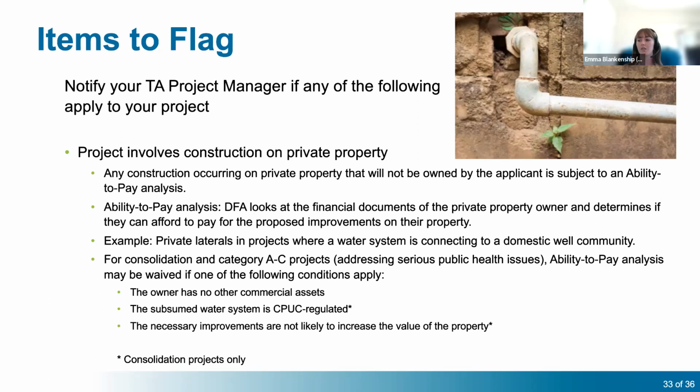So if the owner has no other commercial assets, or if it's a consolidation project, we can also waive that if the subsumed water system is CPUC regulated, or if the necessary improvements are not likely to increase the value of the property. And we are developing some procedures for how to determine if a project can waive this ability to pay analysis. So that will be coming at some point, and then we can provide more information on these waivers.